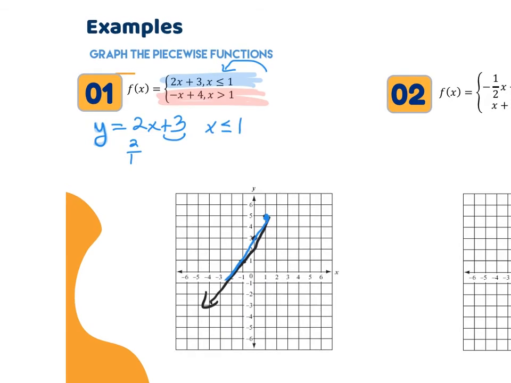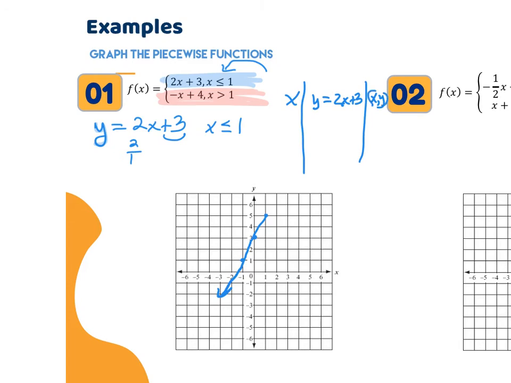Now, the other way, if this confuses you about graphing it and then erasing it, what you can do instead is you can make a table. I want to do my own little table here, 2x plus 3, and then you'll get your x and your y.